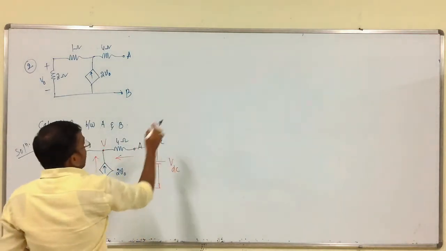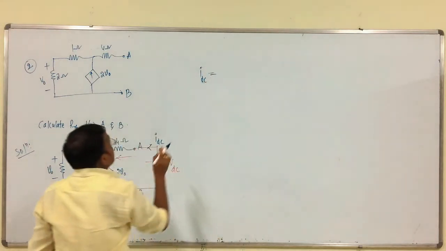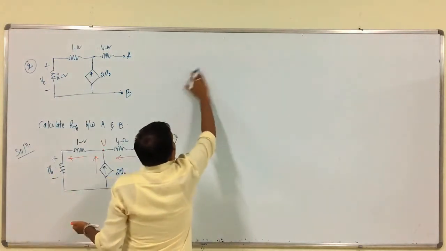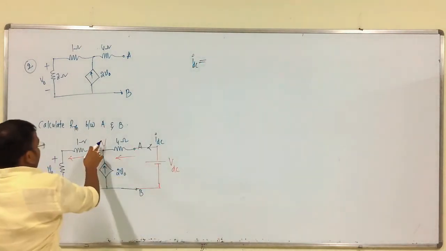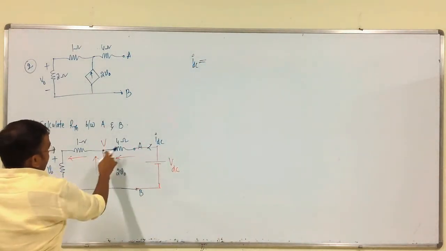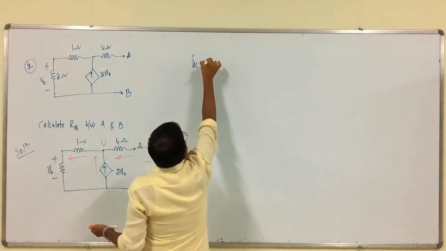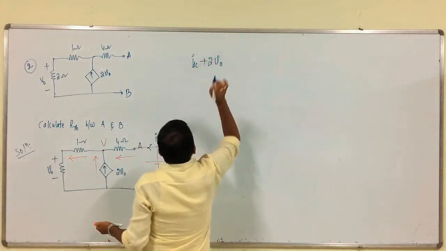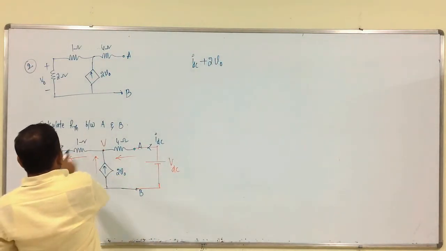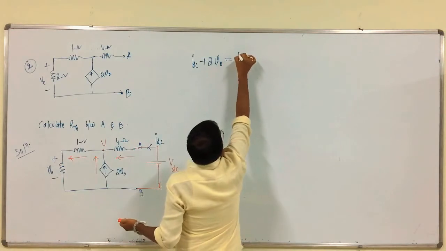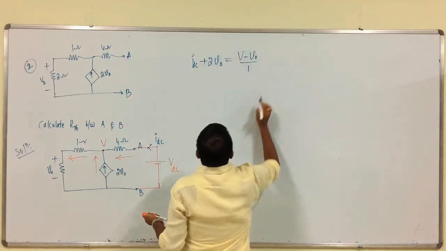Therefore, IDC is equals to V. So, this current is entering towards this node, this 2 V naught plus 2 V naught. This is leaving, right, V minus V naught by 1, which is equals to V minus V naught by 1, that is it.